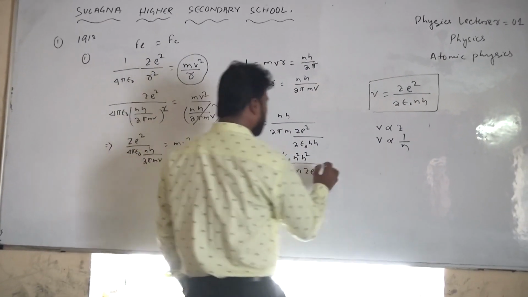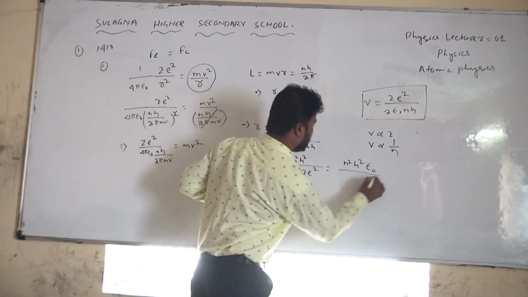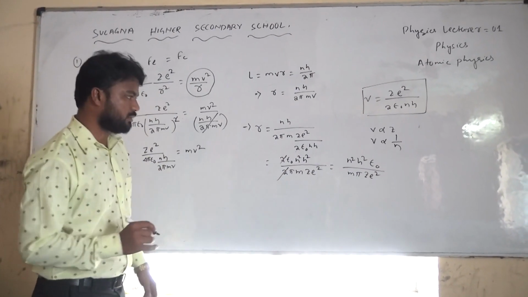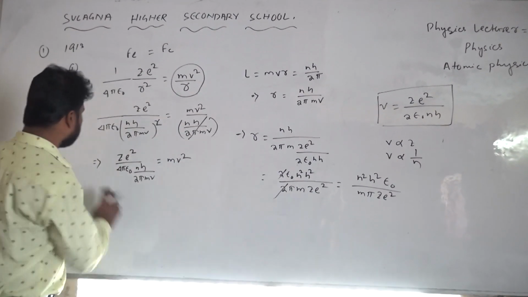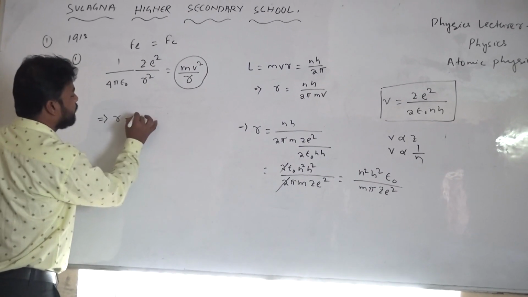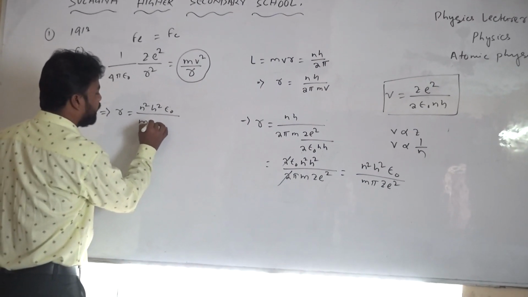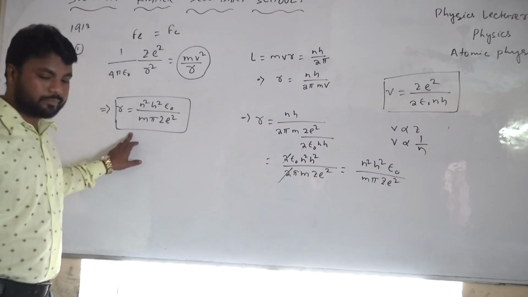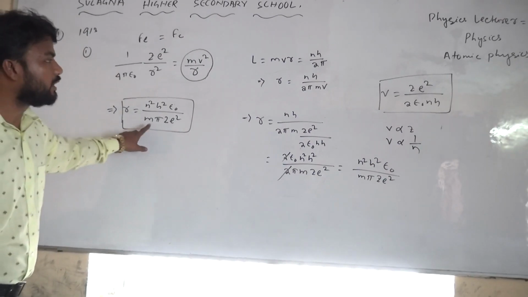Two cancel, which implies n square h square epsilon naught divided by m pi z square. That is the radius of an orbit of the electron from the nucleus, so r is equal to n square h square epsilon naught divided by m pi z square.